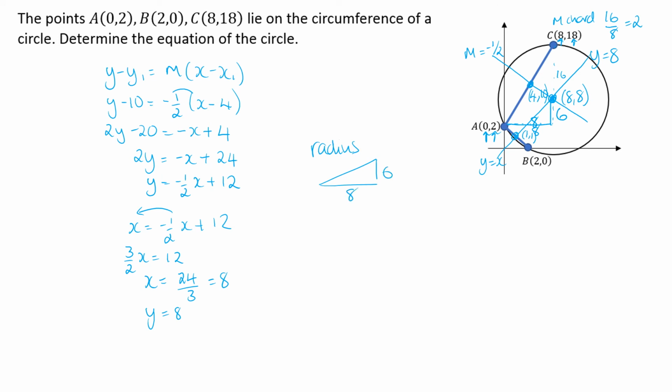So we've got 8 squared plus 6 squared, which is going to be 64 plus 36, which is the square root of 100. So the radius is equal to 10. But it's asking us to determine the equation of the circle. So it's going to be x minus 8 all squared plus y minus 8 all squared is equal to r squared, which is 100.